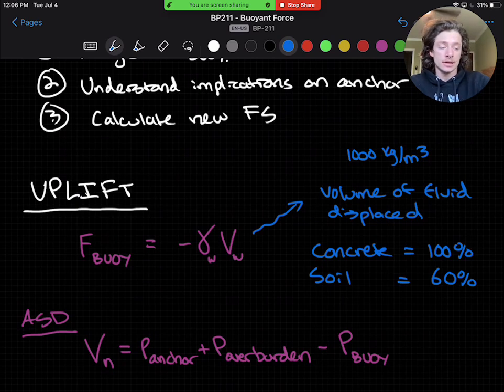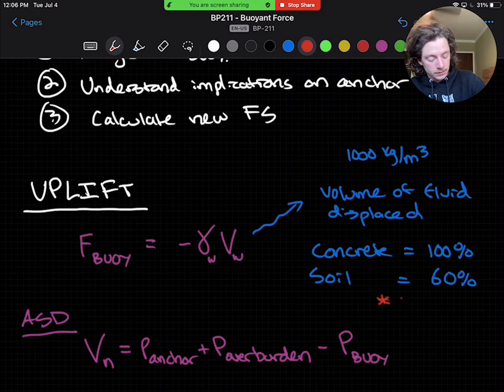In this equation, volume is that displaced fluid, in which concrete can be assumed to displace the water 100%, and soil will displace that fluid around 60%. Now, for the purpose of quick and easy calculations here, I'll just assume everything is displaced 100%, but if we wanted to sharpen the pencil, we could take that 60% value for soil.